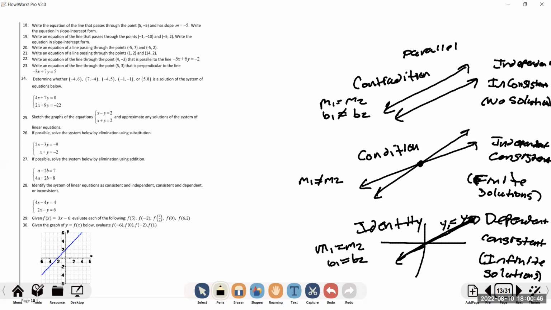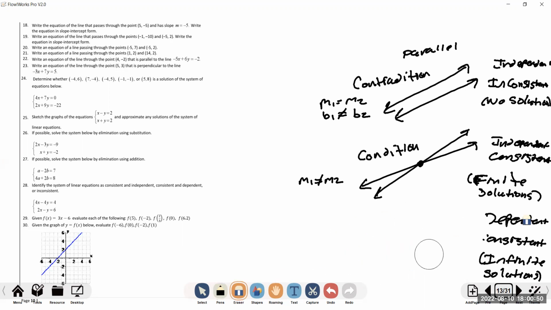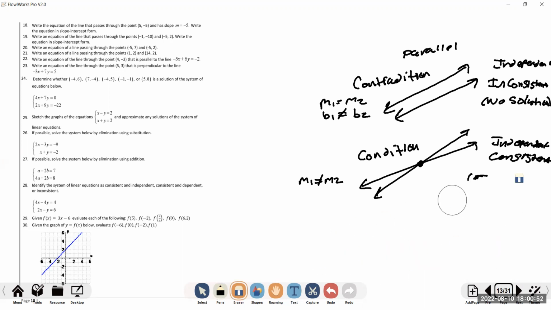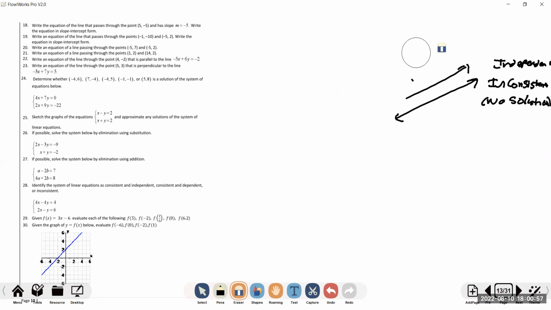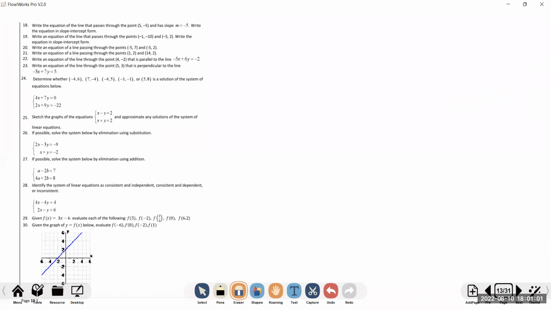Let's figure out which type of system of equations we have, and that'll tell us how many solutions to expect. And then we'll know, for instance, if we're only looking for one answer to the problem. Okay, so the slope of our first equation, 7y equals negative 4x, y is equal to negative 4/7 x.